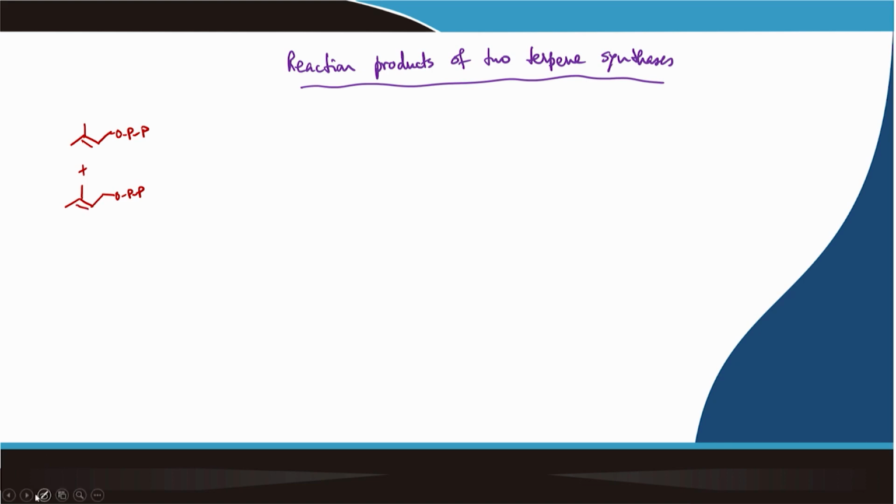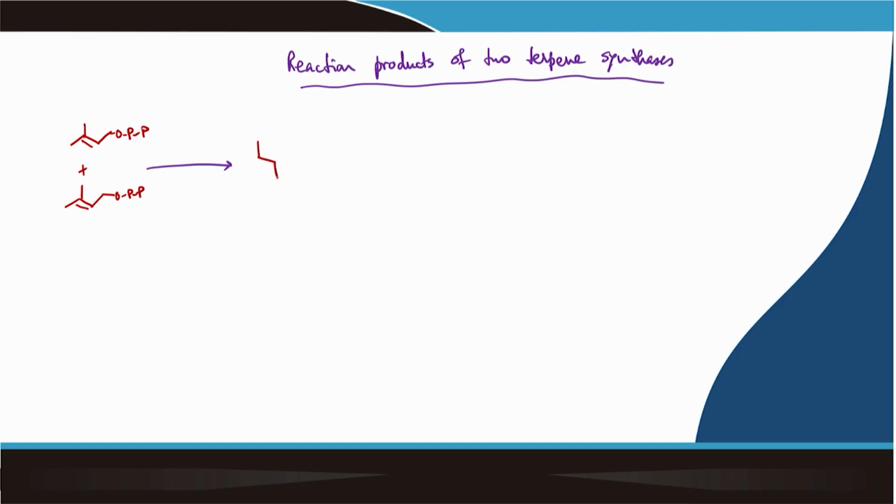These two isoprenes join together and form the substrate for monoterpene synthase, which is GPP.